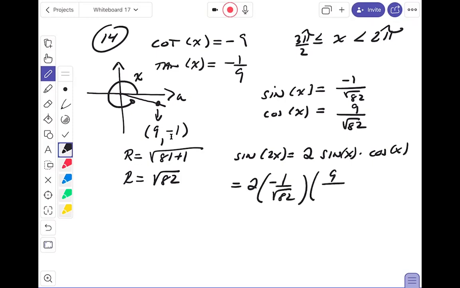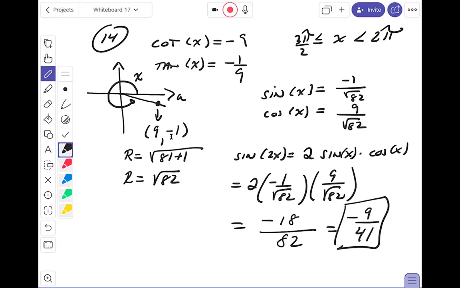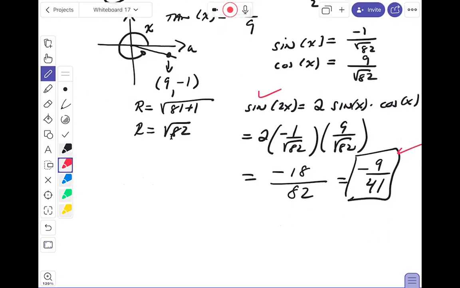What's cosine x? 9 over root 82. Well, I think I can do that. What's that going to give me? Minus 18 over 82. I'm going to reduce that by dividing by 2, minus 9 over 41. All right, so I'm going to look at the key. I'm looking at the sine of 2x, and I'm seeing it. Now I'm going to do the cosine of 2x.